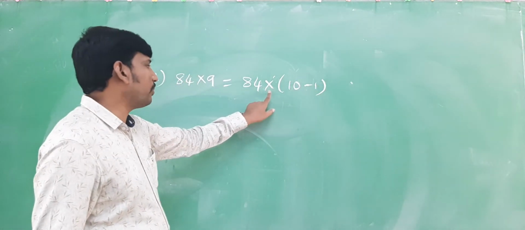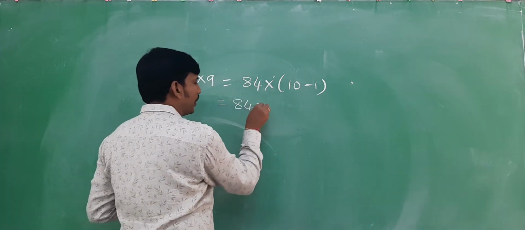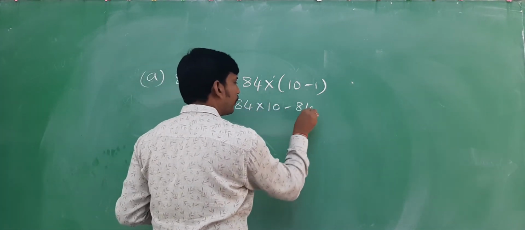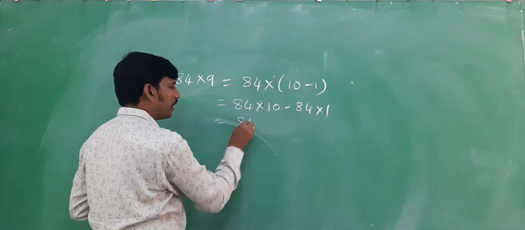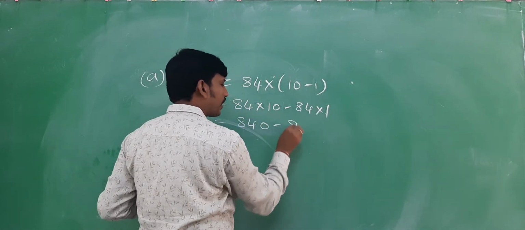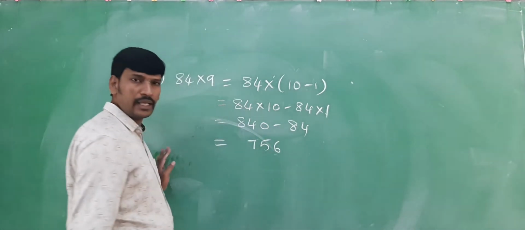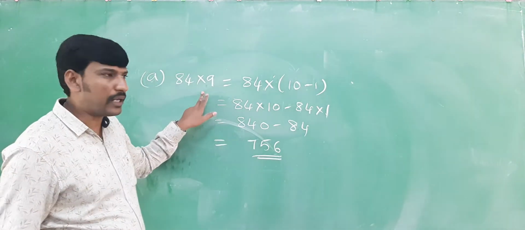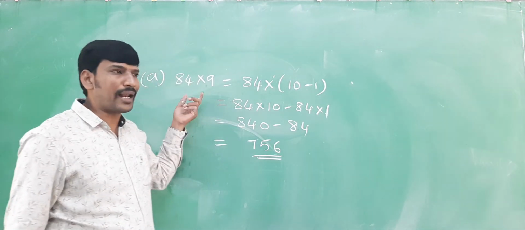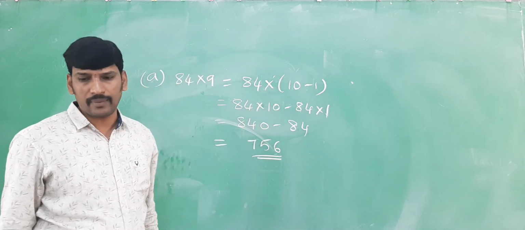Distributive property of multiplication over subtraction: you can multiply 84 into 10 minus 84 into 1. 84 into 10 is 840, minus 84 into 1 is 84. When you subtract these two, you will get 756 as the answer. We will get the answer by multiplying these two also, but without multiplying directly, you can use the pattern to get the solution very easily.